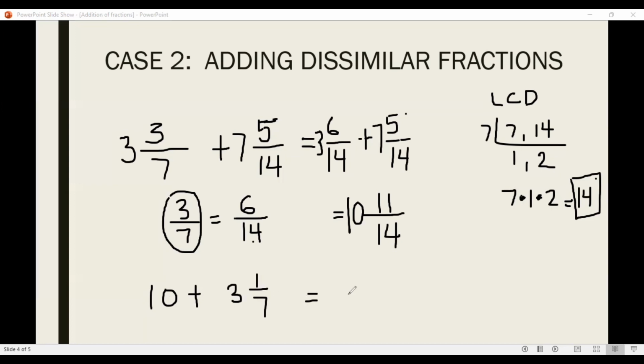So adding 10 and 3, the answer is 13, so we don't have any problem with that. We just have to copy 13 and then, of course, the fractional part, which is now 1 over 7. Okay, so again, the only thing that you have to remember when you are adding fractions is that they should have the same denominators.